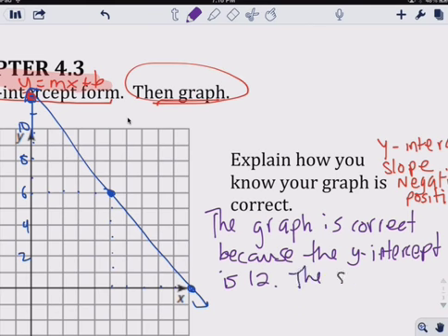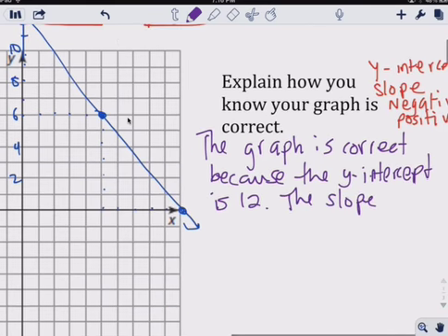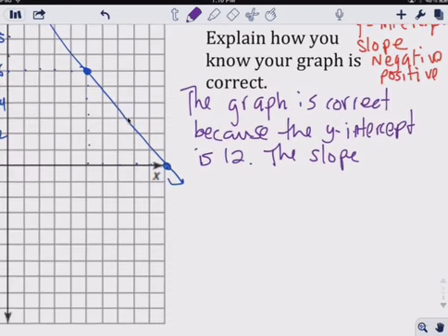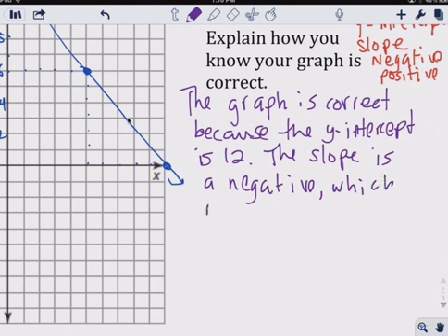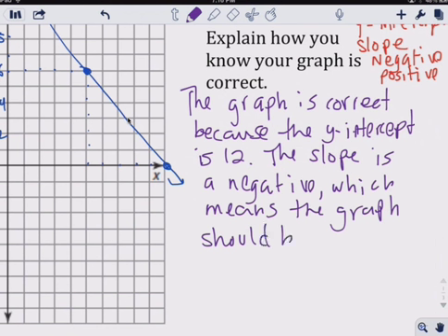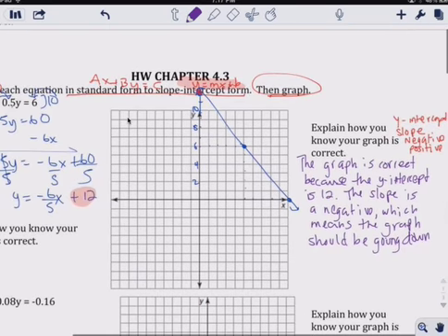The slope is a negative, which means the graph should be going down. And this graph is going down.